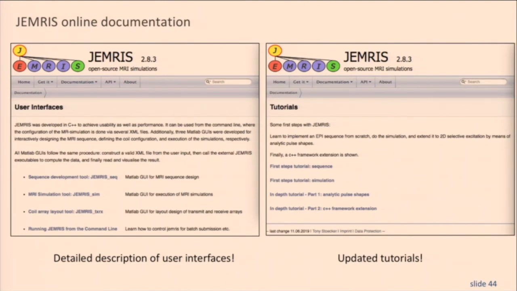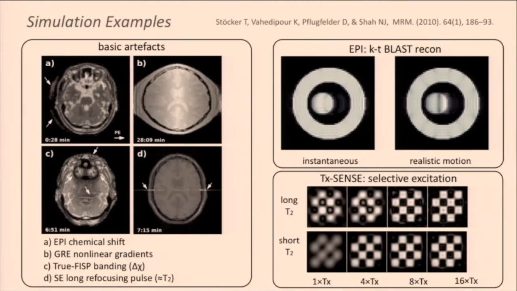There is documentation available, detailed descriptions of the user interfaces, and also tutorials, and I will end my talk by giving a few examples. This is an example of basic artifacts.